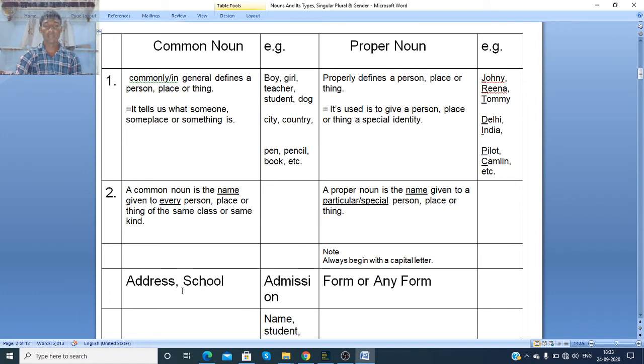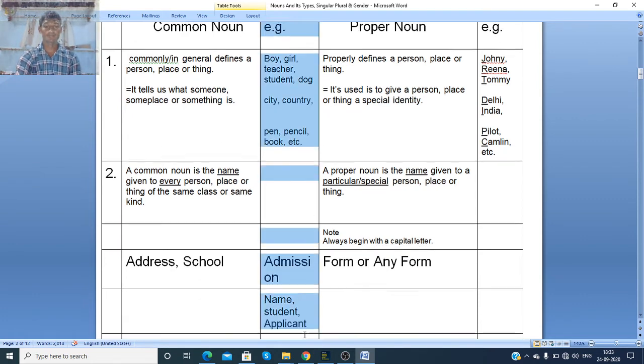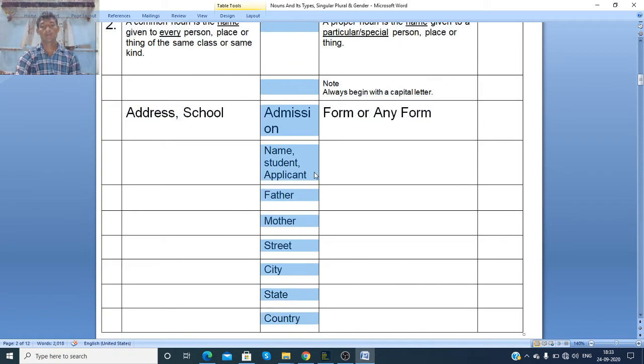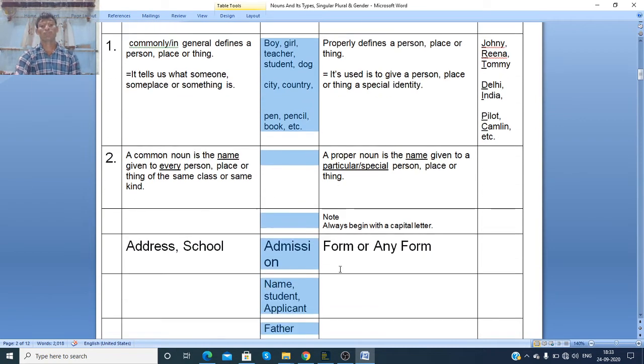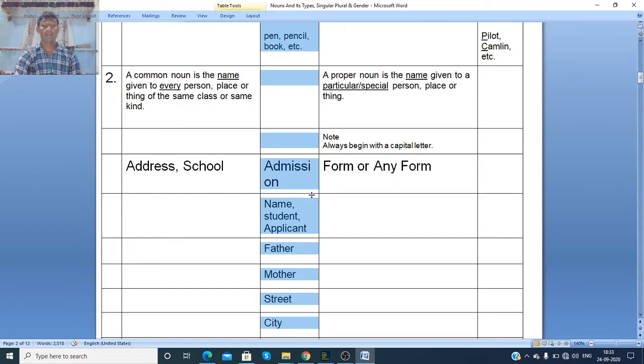The example is when we are filling in an address, a school admission form, or just any form, we have to give particular information. And these are common noun examples.